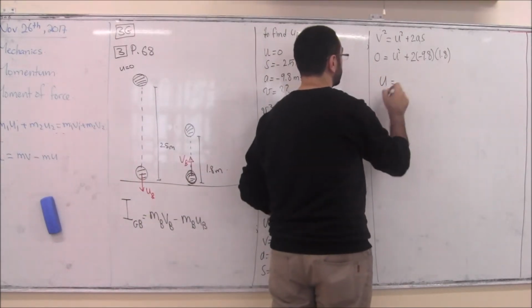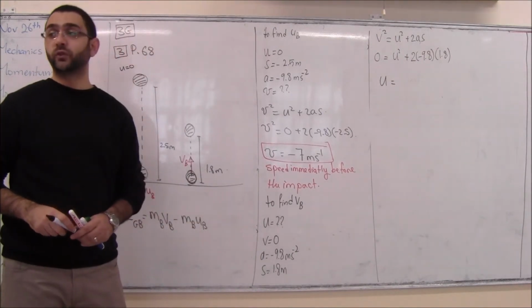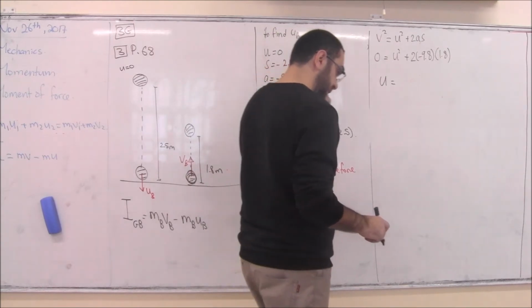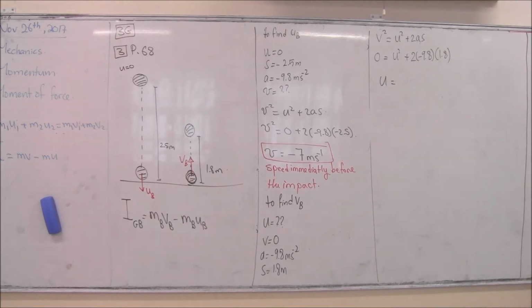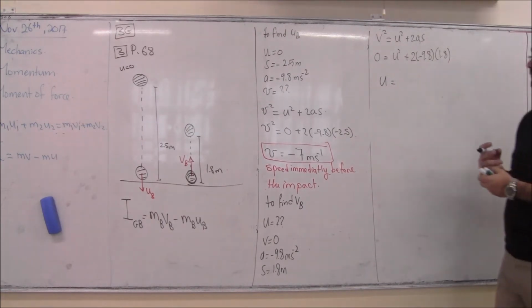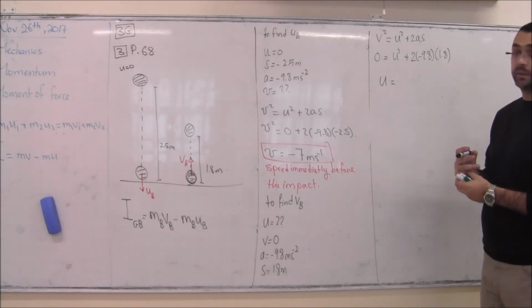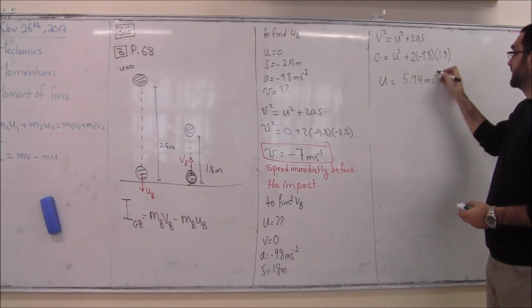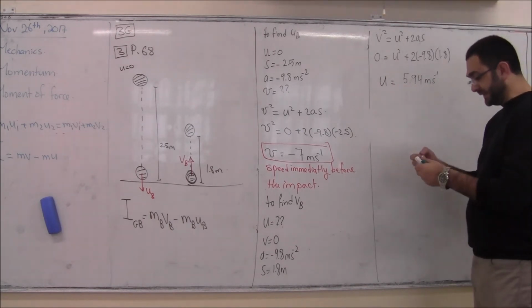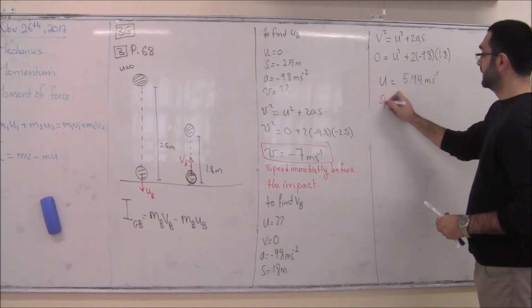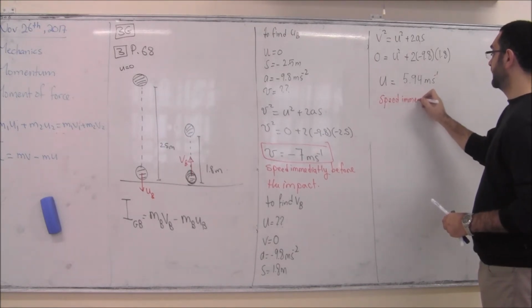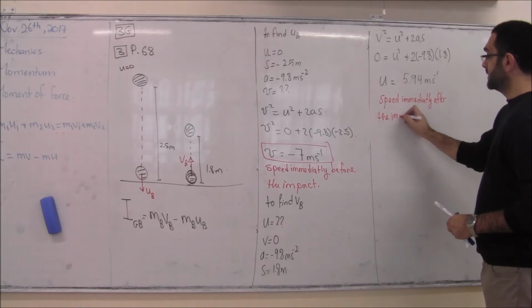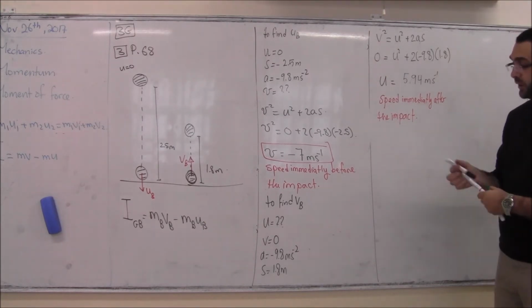U equals plus 5.94 meters per second. This is the speed immediately after the impact.